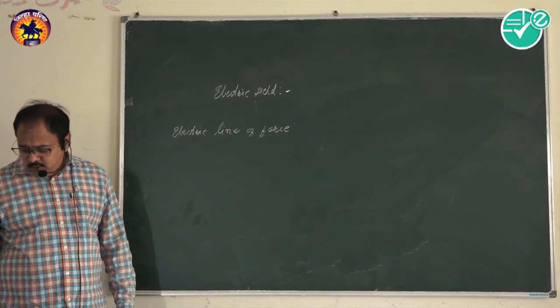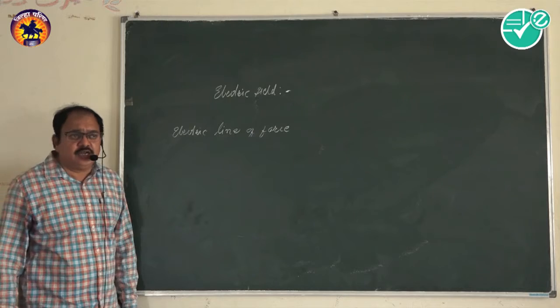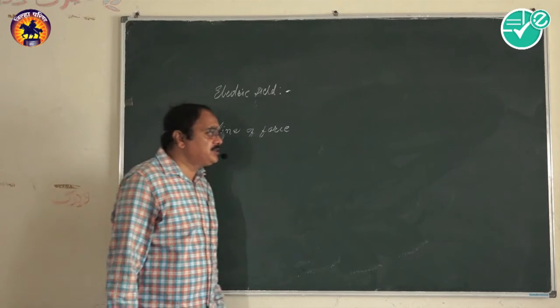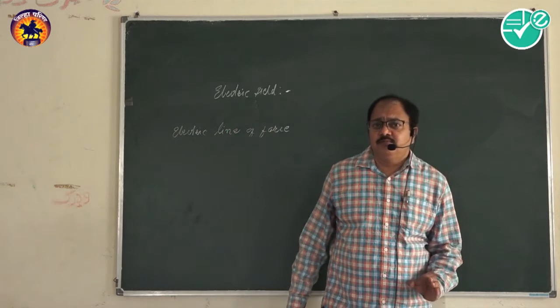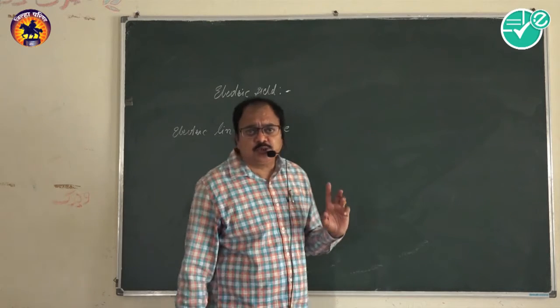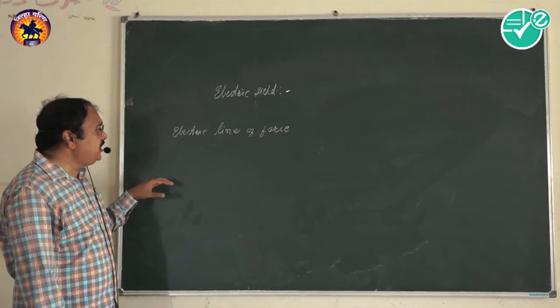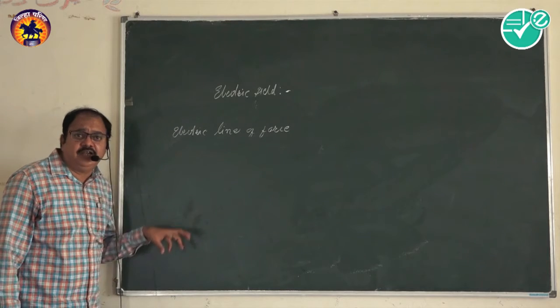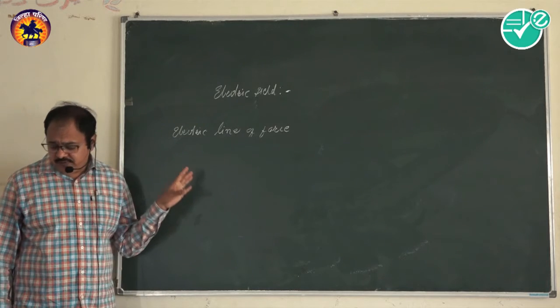The lines of force do not pass through a conductor, hence the electric field inside the conductor is always zero. I said electric lines of force do not pass through the conductor, which means the total electric field inside the conductor is always 0.